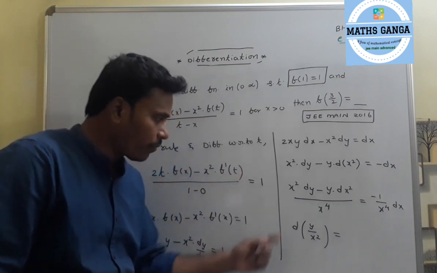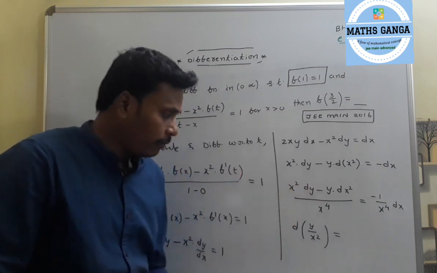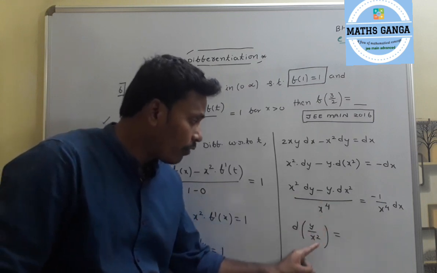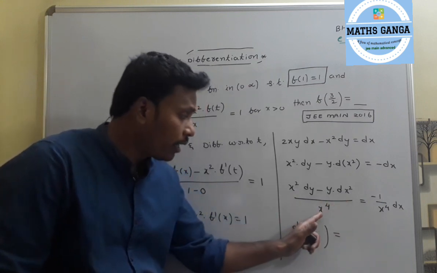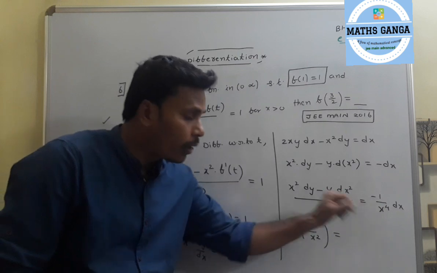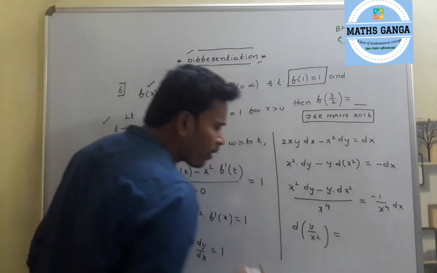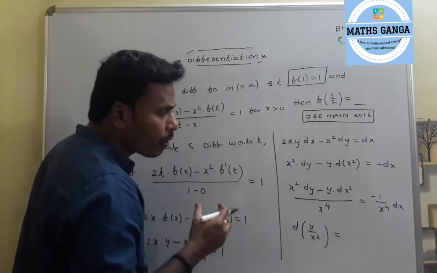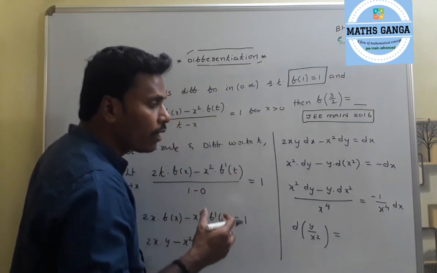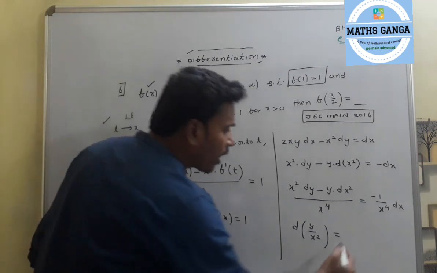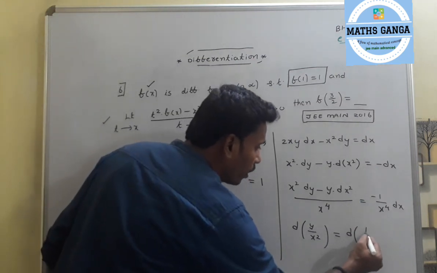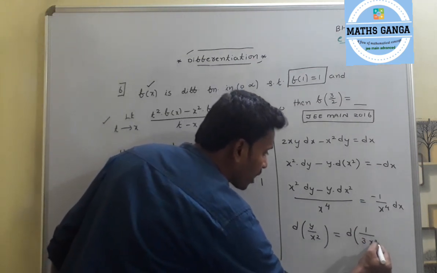With the same logic, denominator into derivative of numerator minus numerator into derivative of denominator divided by denominator square is equal to, on this side, minus 1 by x power 4 into dx. Think about it. Minus 1 by x power 4 is the derivative of which expression? This is the derivative of 1 by 3x cube.